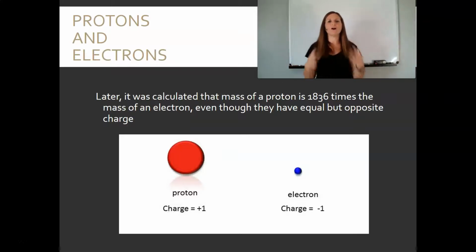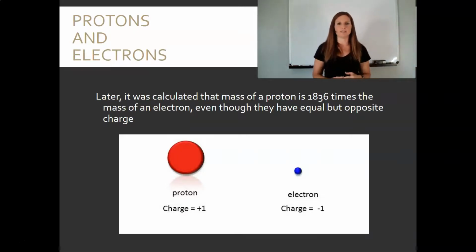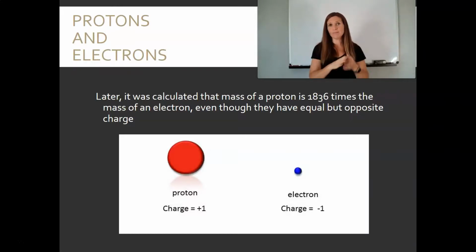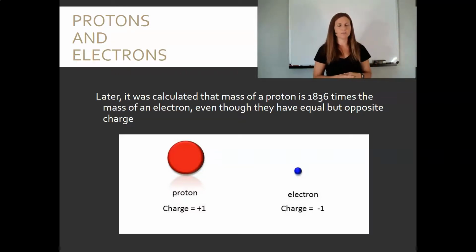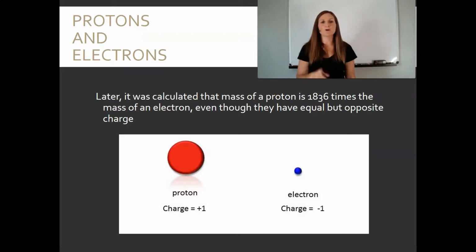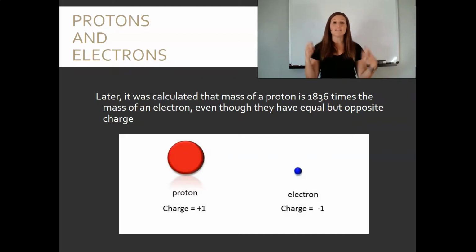At the end of all of this work, we have calculated that the mass of a proton is 1,836 times larger than the electron. So we said the electron was a small portion of the atom and a big portion had to be the proton, and that has been confirmed. But the proton and the electron have equal but opposite charges.